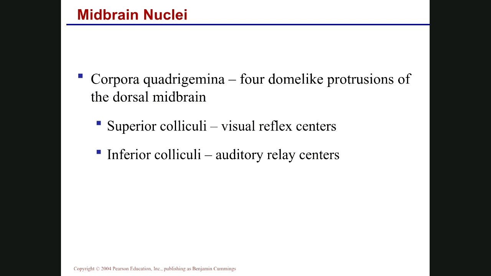Another thing is if you notice movement in your peripheral vision and you don't know what it is, you instinctively look at it to see what it is. The same thing is true for the inferior colliculi, except this has to do with auditory. So unfamiliar sounds, we want to know what they are.